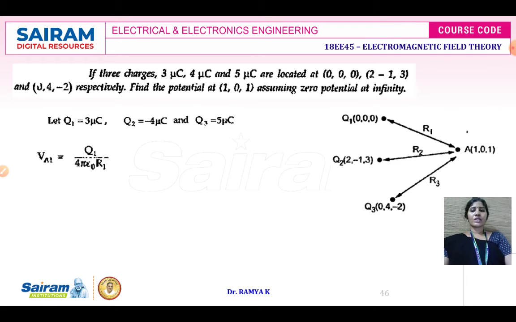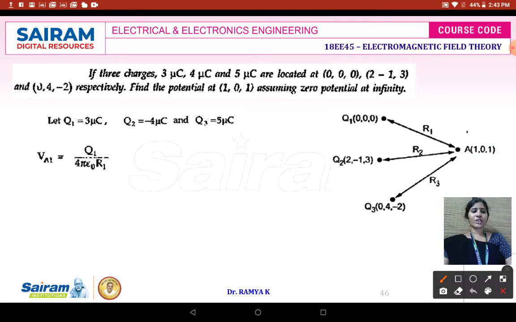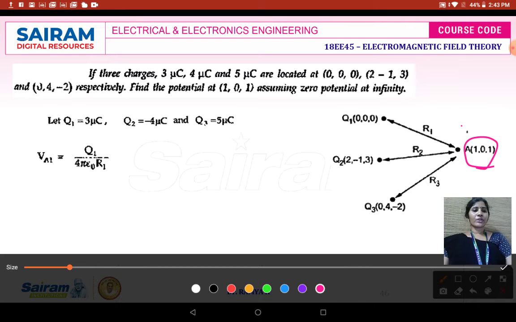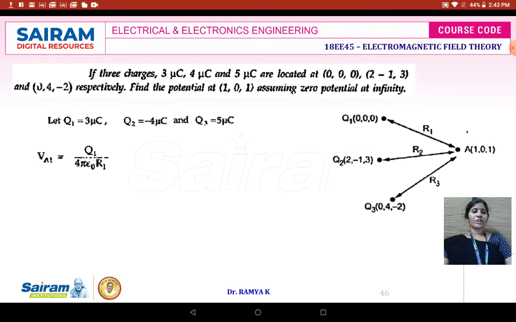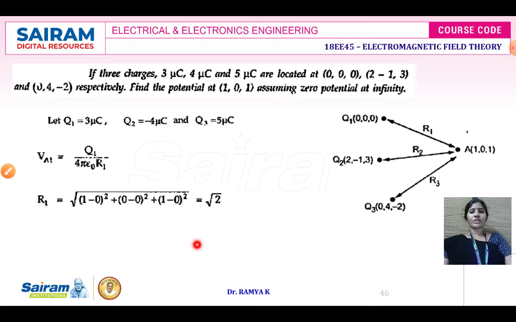VA is equal to Q1 divided by 4 pi epsilon R1, where R1 is the distance between Q1 and A. Here point A is going to be the effect, and the point charges are going to be the cause. When you identify the distance R1, use effect distance minus cause distance. You will get R1 is equal to root 2.